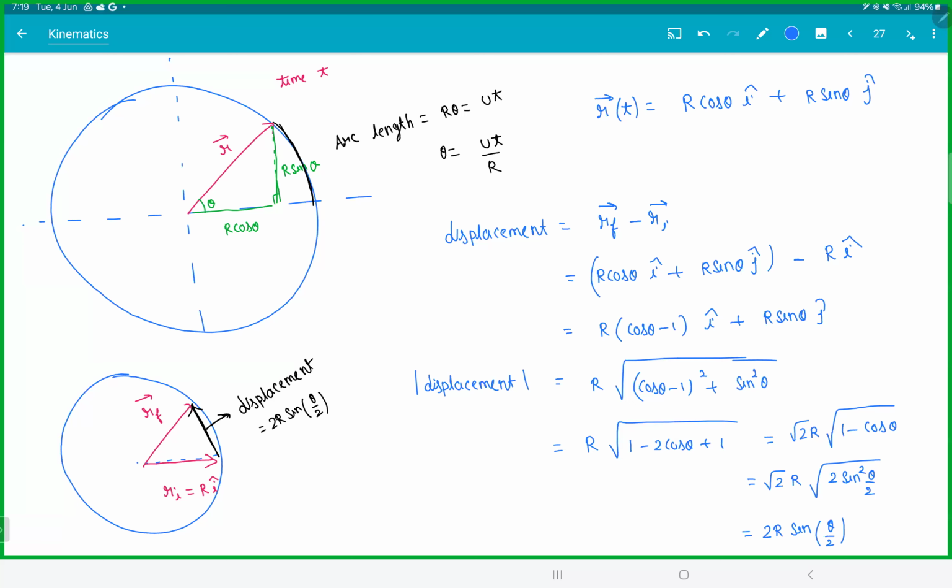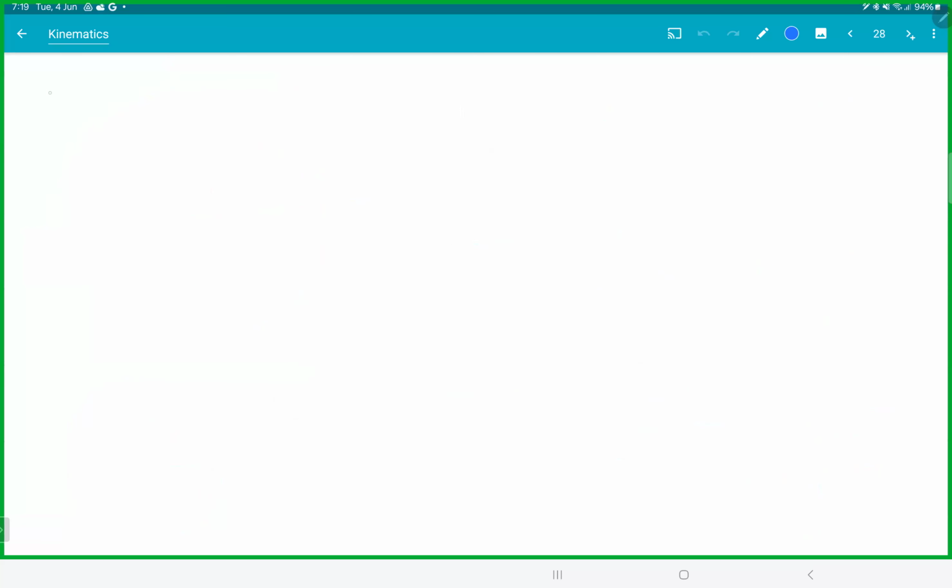What is average velocity? Again, the definition. Average velocity is change in displacement by time.